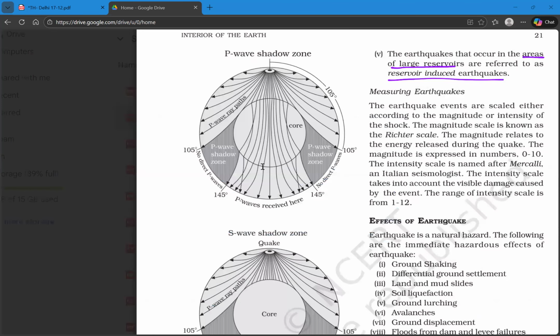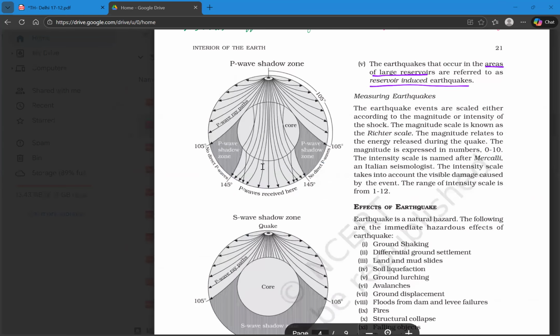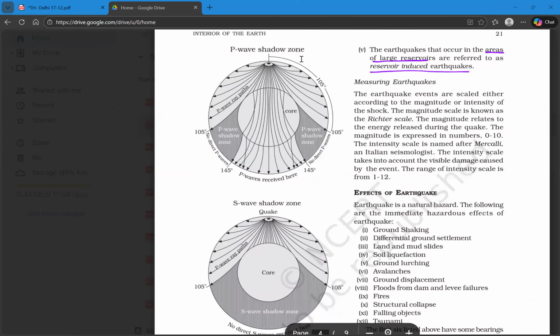So if you see the P wave and S wave shadow zone, if we consider this is the focus, which is near the North Pole, the wave started traveling through all directions. When they reached a point where the density of the material varies from its current material, the wave started refracting here.